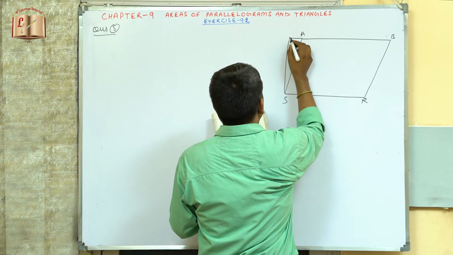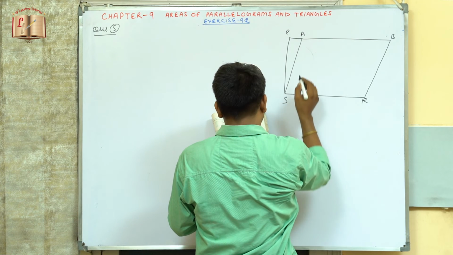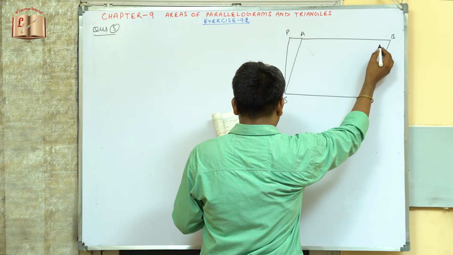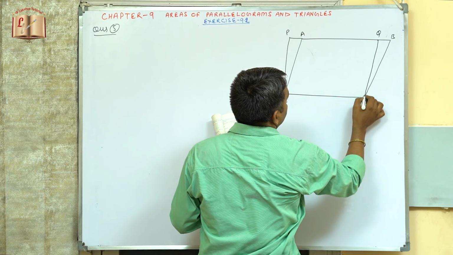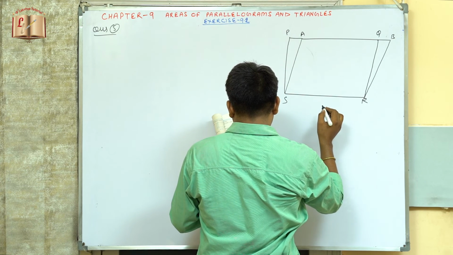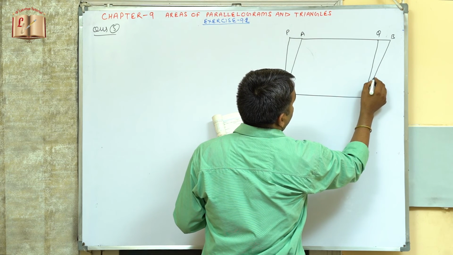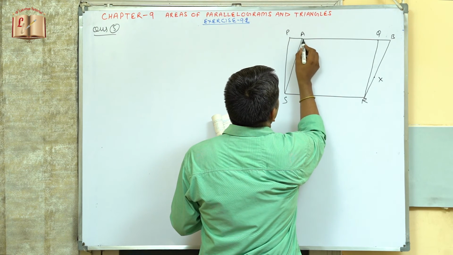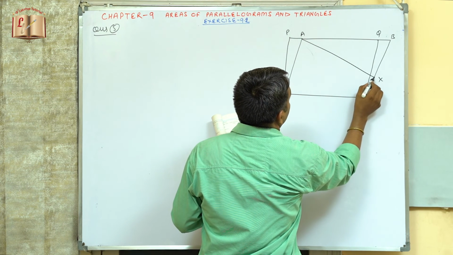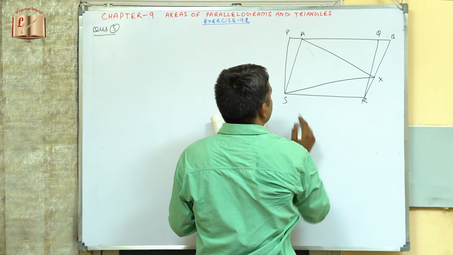Now this point is P, and this point is Q, so QR is joined, and here it is point X, so AX and XS are joined.